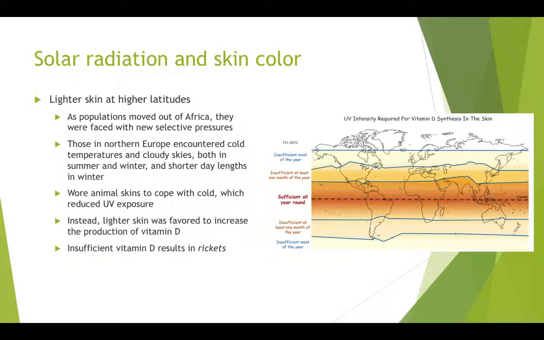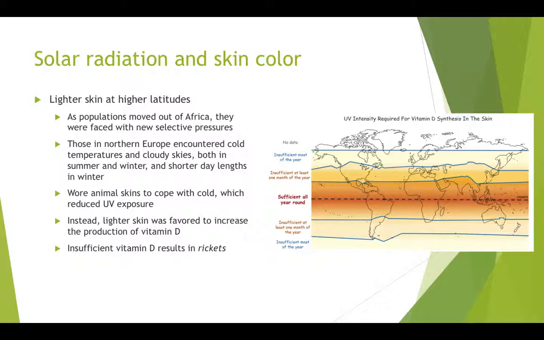This was ameliorated during like the 1950s and 60s through fortifying dairy milk with supplemental vitamin D. So it factors into some of the public health decisions that we've seen even in our country.